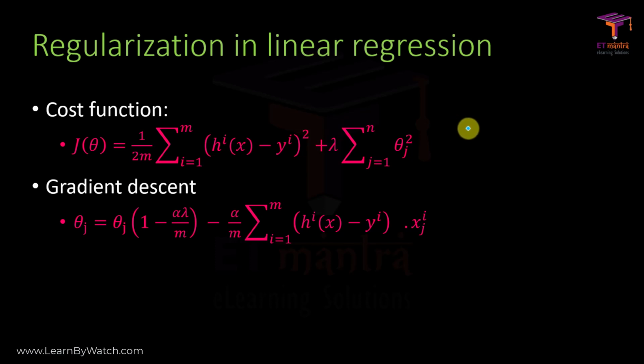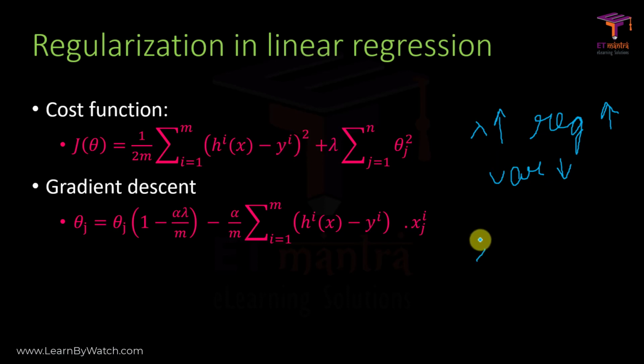So the thing is that if we increase lambda, then the regularization effect also increases. So what it does is it will reduce the variance. So if our model is overfitting, then it will reduce the variance, and thus it will make the decision boundary correct.